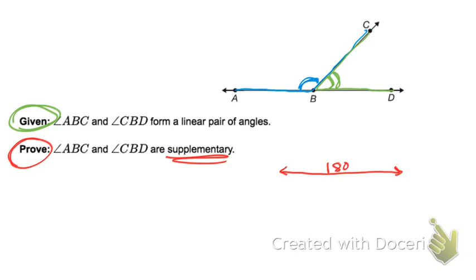But a proof is going from what they're giving you and going through each little itty bitty reason that leads you from one conclusion to another conclusion, to another conclusion, until ultimately you get to what you were trying to prove. So we need to break this down into an actual proof to support the fact that we know that those angles must be supplementary.